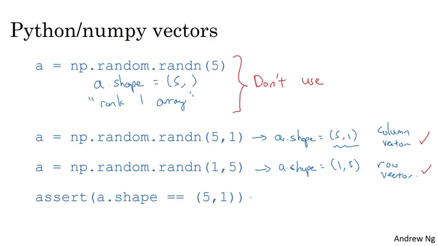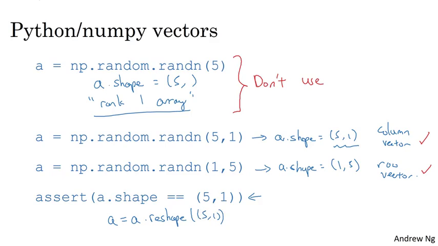So don't hesitate to throw in assertion statements like this whenever you feel like it. And then finally, if for some reason you do end up with a rank 1 array, you can reshape it, a equals a.reshape, into say a (5,1) array or a (1,5) array, so that it behaves more consistently as either a column vector or a row vector.